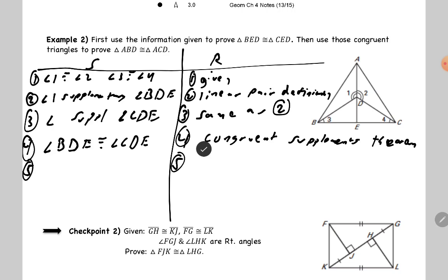5. Okay, so we got this angle now. Okay, we have angle, angle, and they both share DE here. So DE is congruent to DE. How do we show that? That's through the reflexive property.